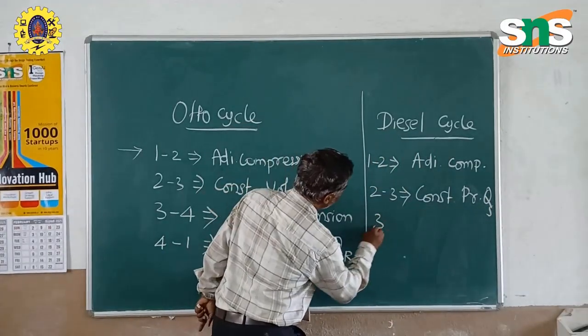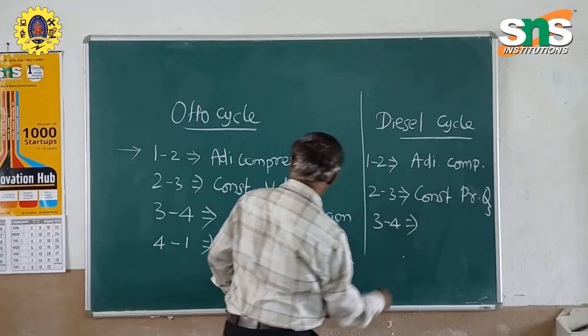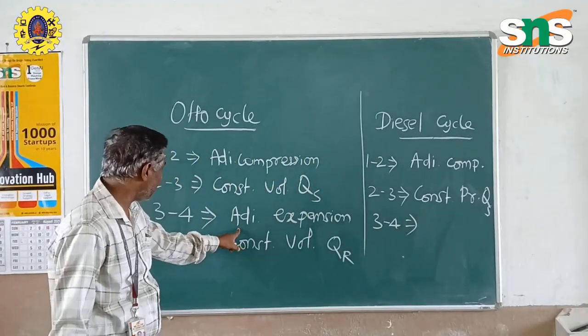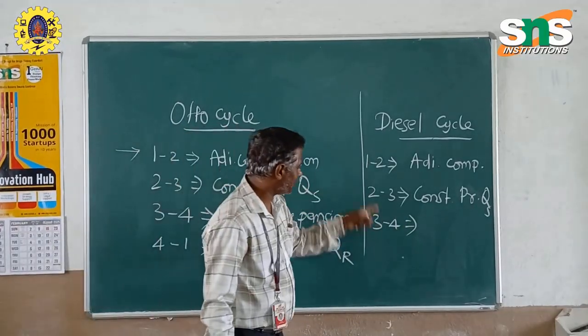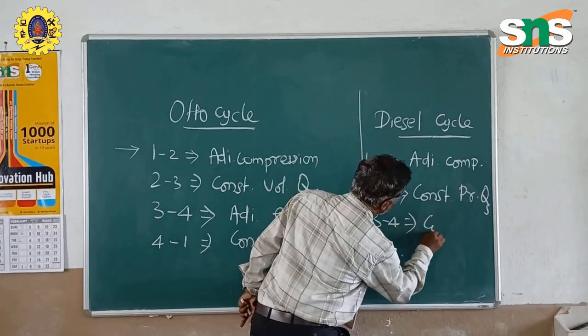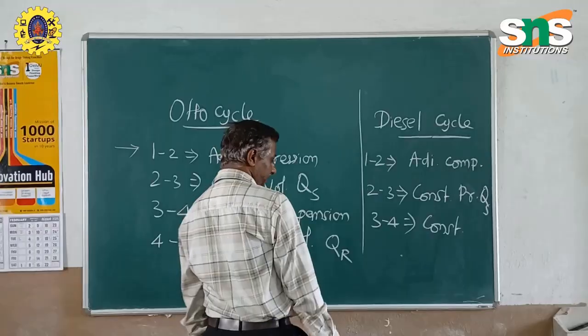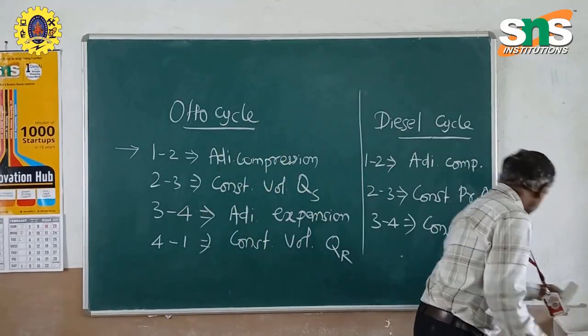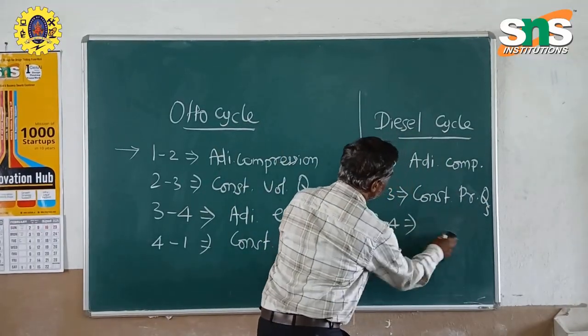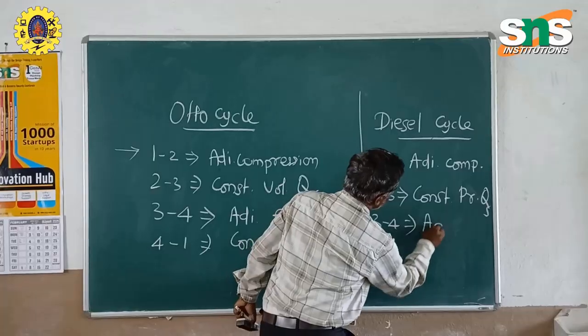In 3 to 4, here it is adiabatic expansion in the Otto cycle. In the diesel cycle, these are also adiabatic expansion. The same process is reflected here also, adiabatic expansion.